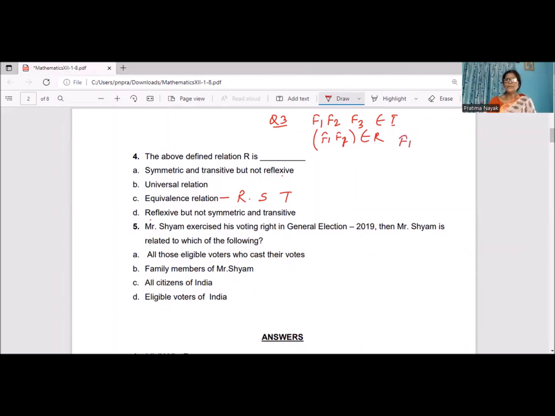If (F1, F2) belongs to R, then this implies that (F2, F1) also belongs to R. So this is symmetric also.